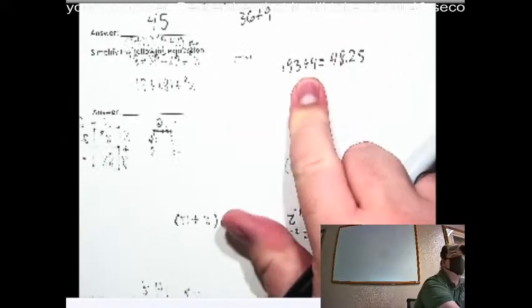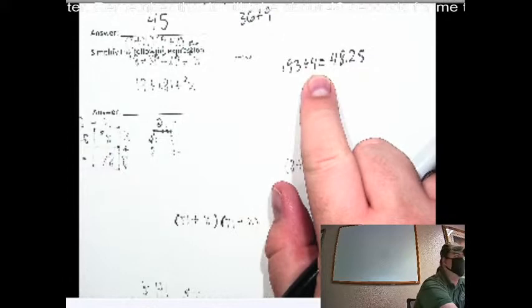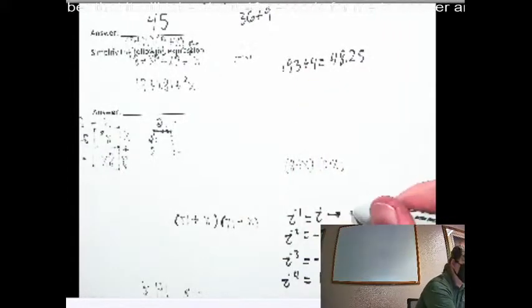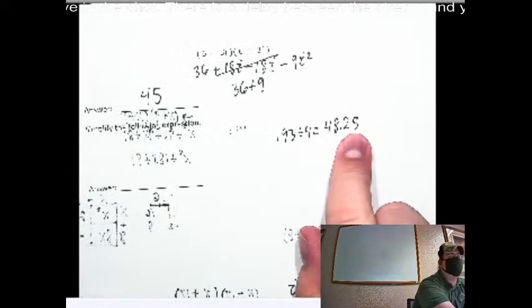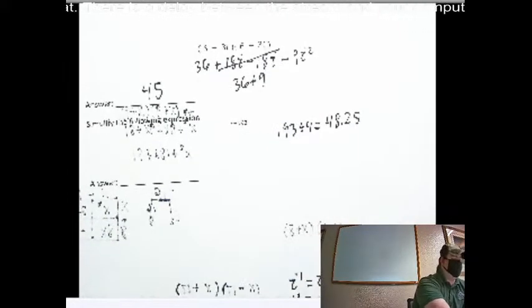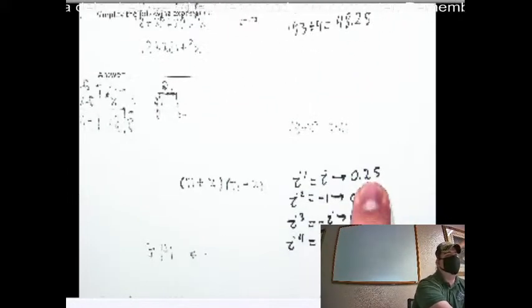Because when we divide a number by 4, it can only come out to one of 4 decimals, either 0.25, 0.50, 0.75, or 0.00. So when we divide this, we get 0.25. That means we land on the first step of our pattern.